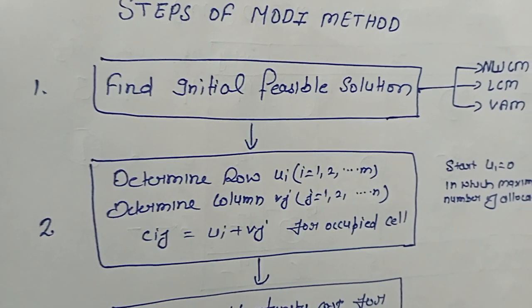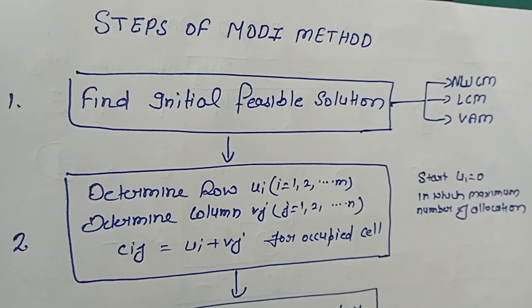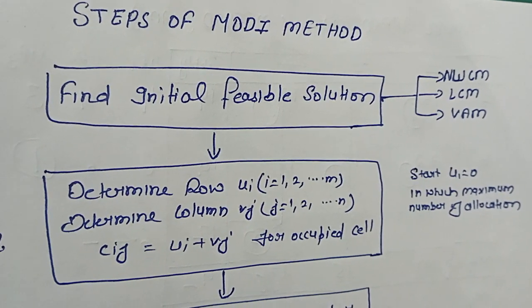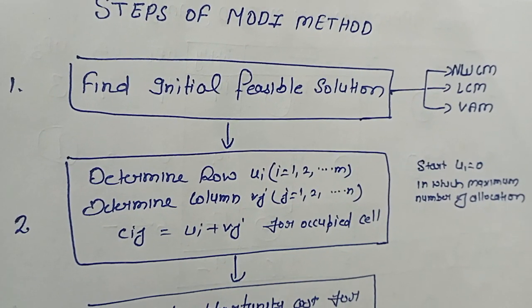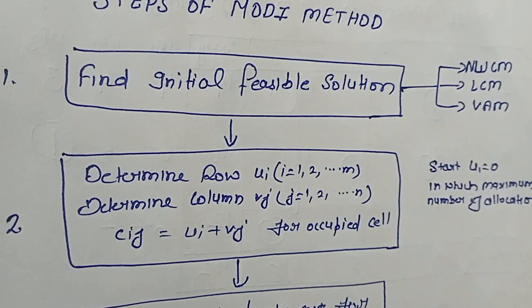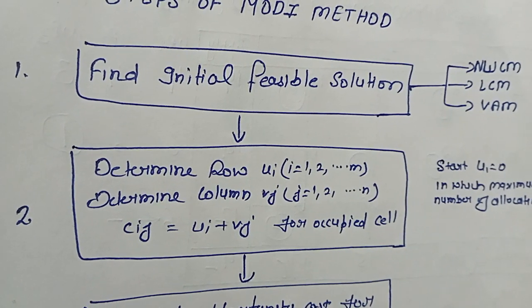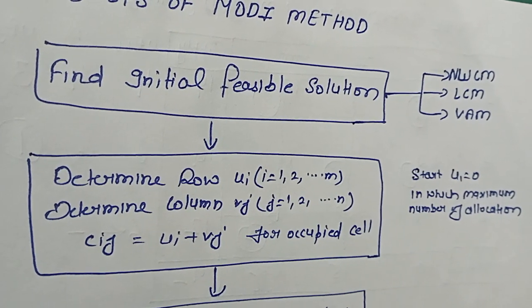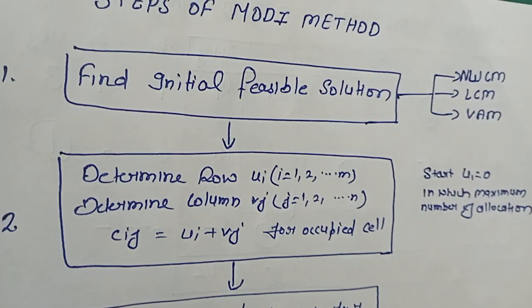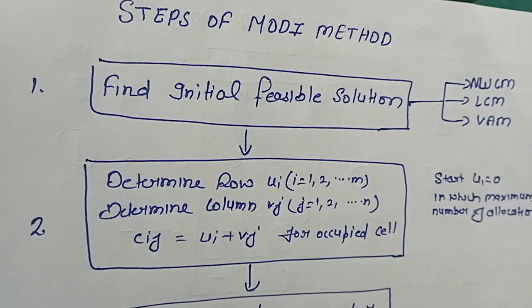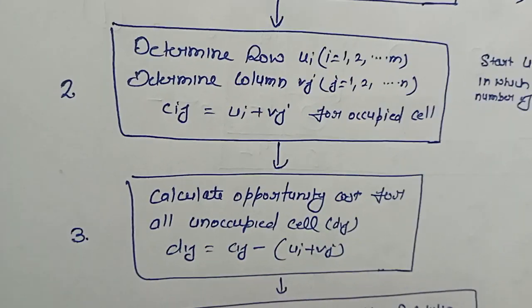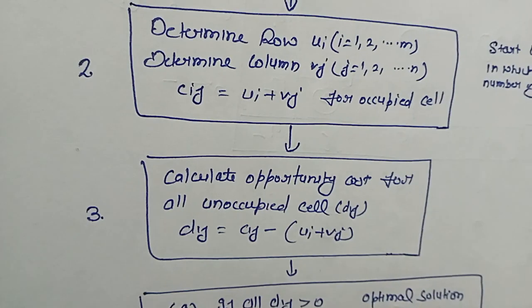To start, take ui equal to 0 for the row in which the maximum number of allocations are made. Means first of all, we select that particular row or column where the maximum number of allocations is made, and set ui equal to 0.